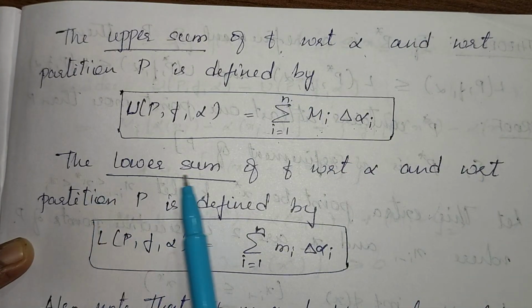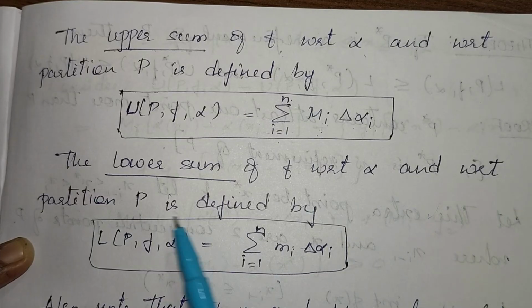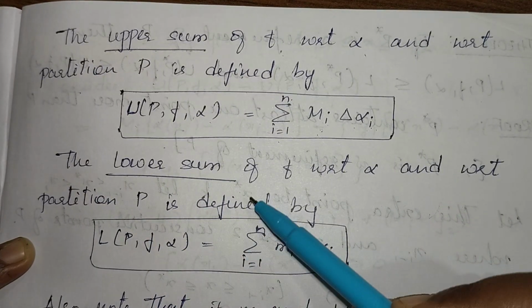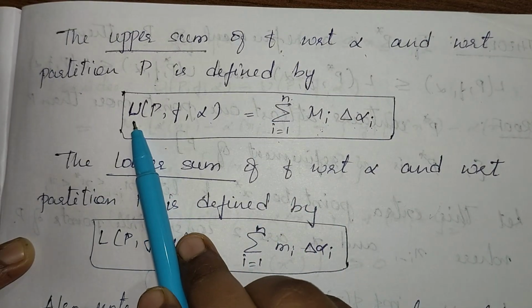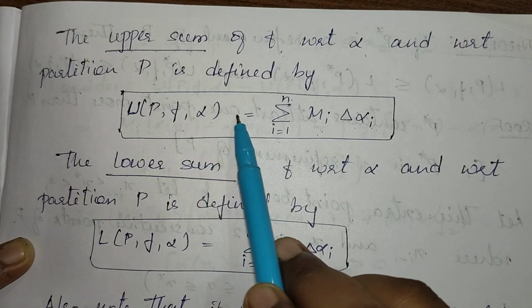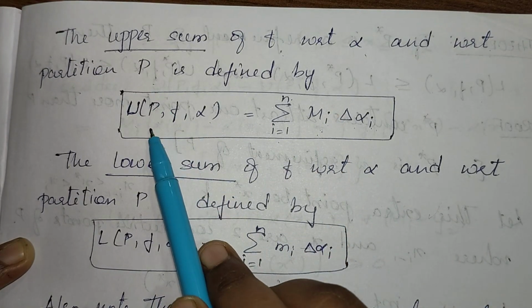Similarly, the lower sum of f with respect to alpha and with respect to the partition. See, with respect to the partition P means it will change for each and every partition. If you take P1, for U(P1, f, alpha) you have one number, and for another partition, if you consider P2, you have another value.